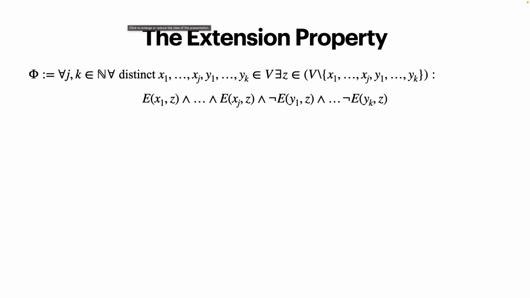So, the extension property is basically just a collection of all of the phi jk's. Well, this is too large for a finite random graph to satisfy, although each particular phi jk is satisfied by almost all of the finite random graphs.